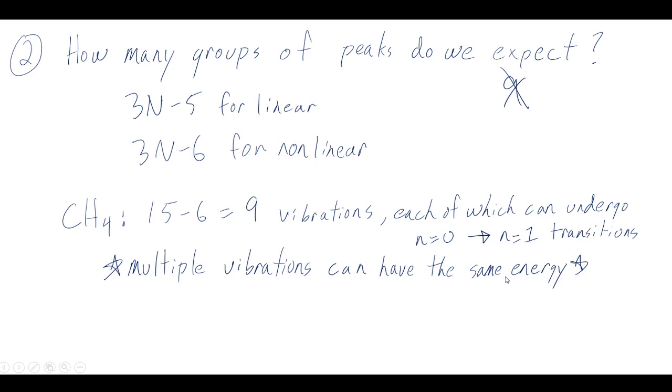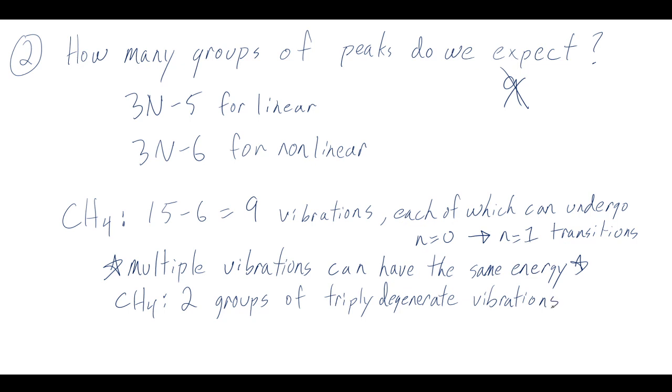And so if I come over here and think about, okay, well, I have those for methane, two groups of triply degenerate, we could call them, vibrations. So instead of 9, right, we have vibration 1, 2, and 3, which all have the same vibration energy.